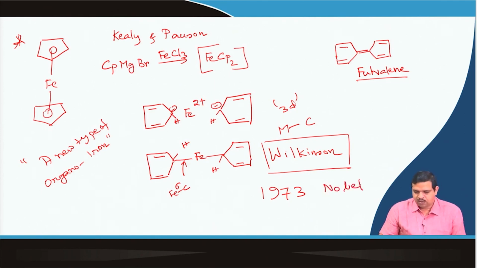So you see that there is a kind of renaissance in organometallic chemistry. A new era developed where a different type of ligands, the pi electron ligands, came into the picture, and it was of great interest to scientists with the discovery of these very unusual organometallic compounds.